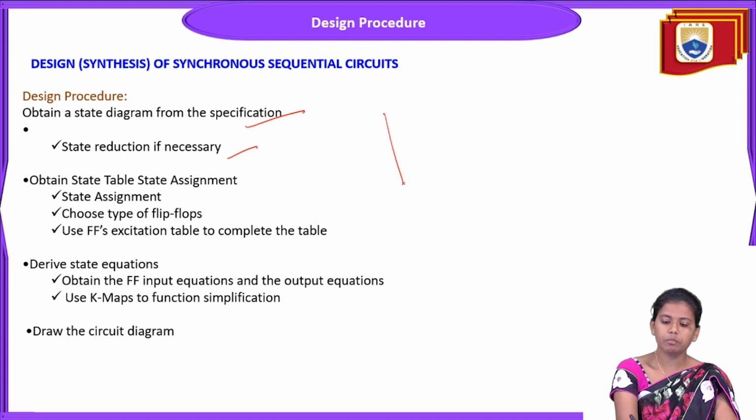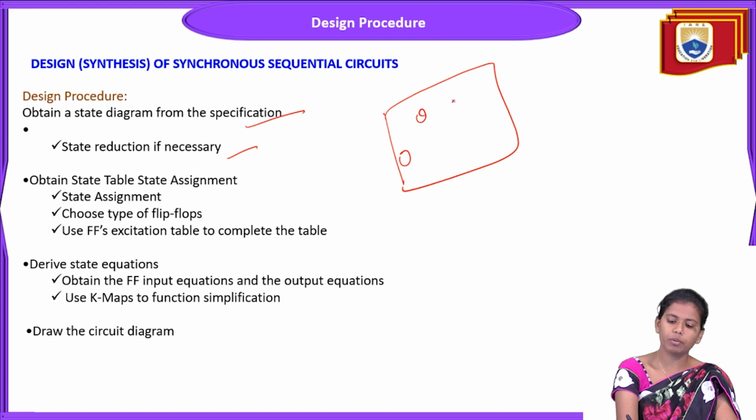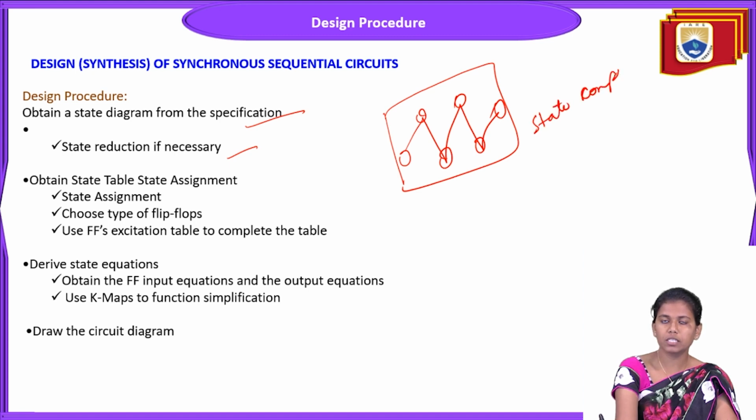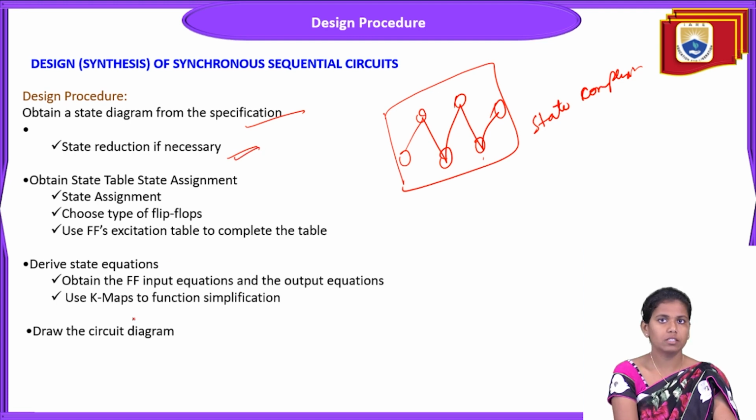If your state diagram is complex, with many states, one of the mechanisms to get rid of this complexity is to reduce the states. With the help of the state reduction technique, we can reduce the states. That is one of the advantages that I can say.